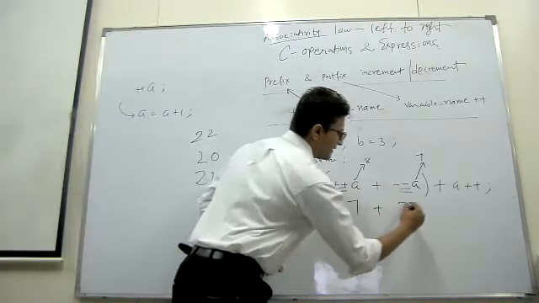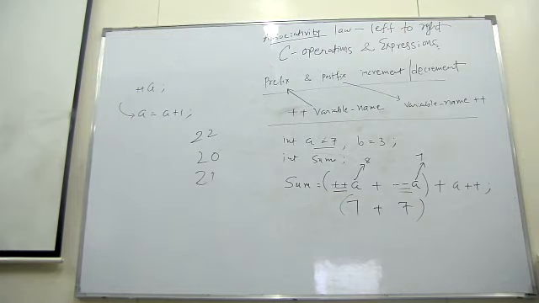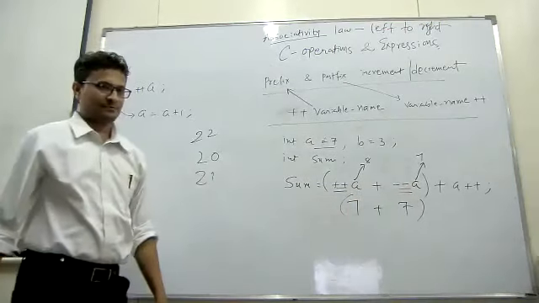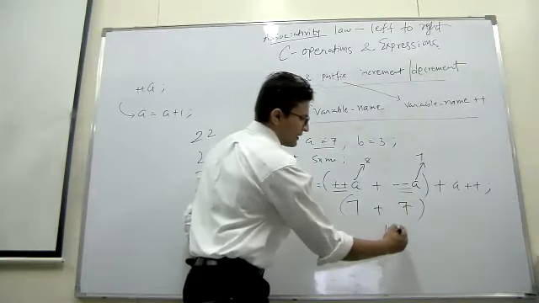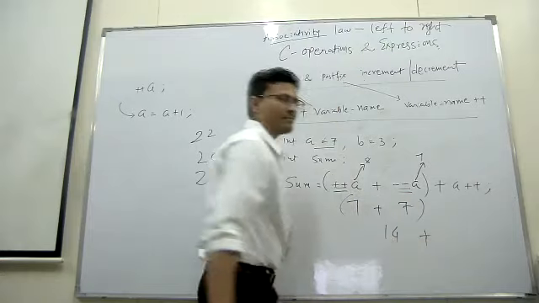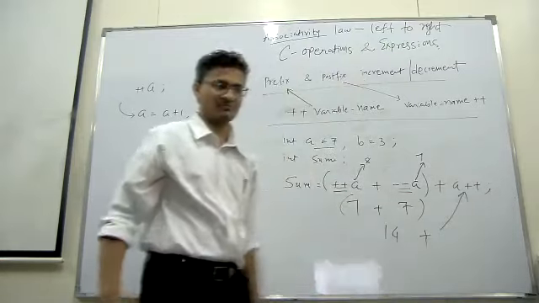So it will then assign to the expression to both the operands, which is 7 plus 7, so it is 14. Now plus, now it will include the third term.